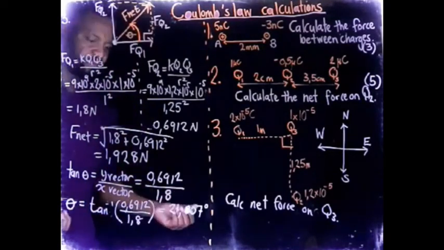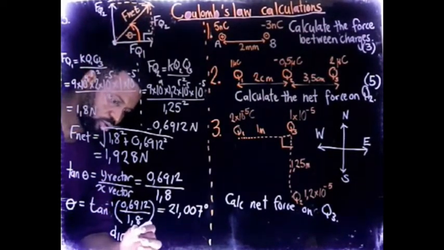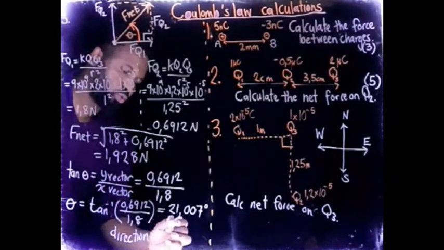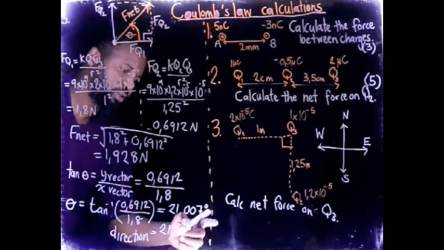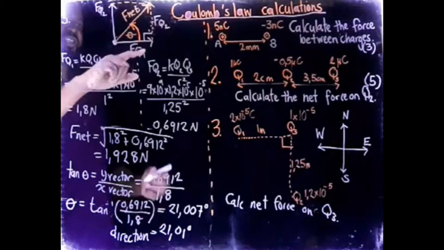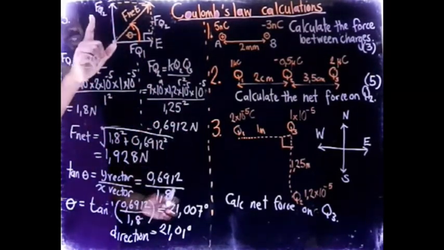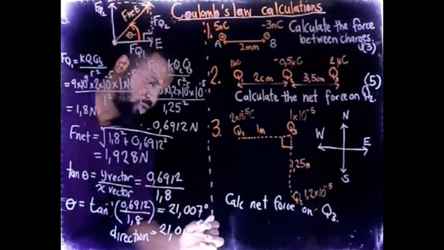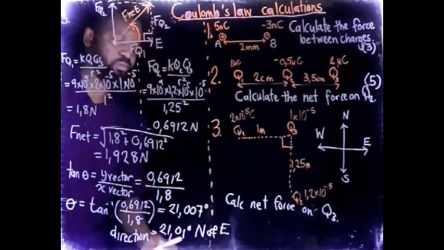So I could give the direction as 21.01 degrees from the east, going towards the north. So I'm going to say north of east.